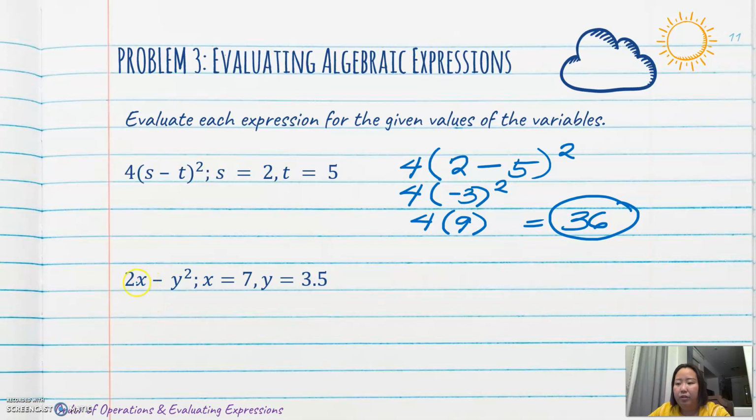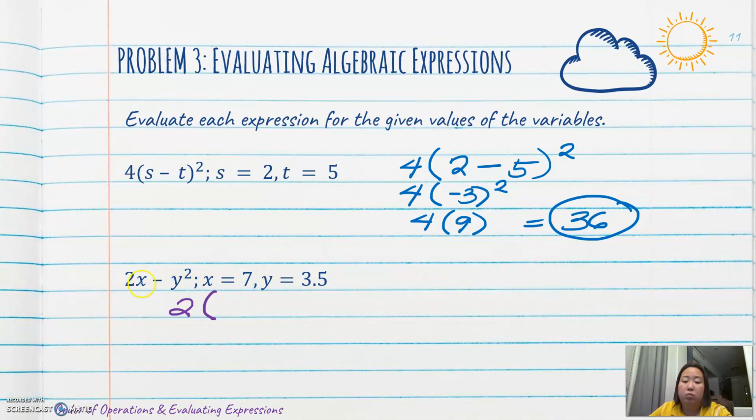Let's have the next one. We have 2x minus y squared, wherein x is equal to 7 and y is equal to 3.5. So let's replace our variables here. Let's use a different ink so it's a lot easier for you to see where the variable was, or to make sure that you do not write it wrong.